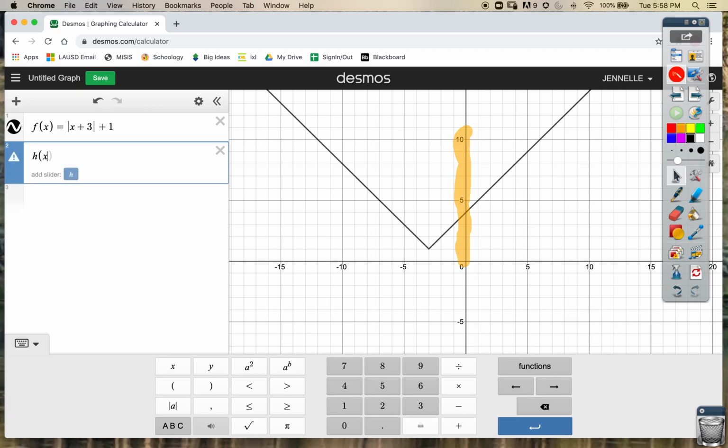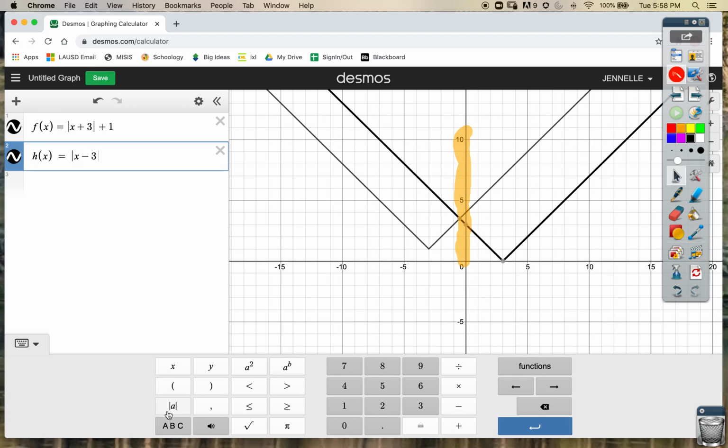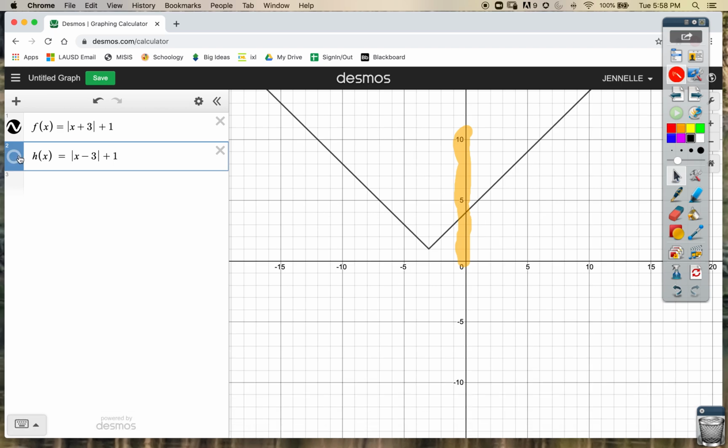So h of x equals absolute value of x minus 3, close absolute value marks, plus 1. I'm going to change the color so you guys can see this. Let's put it in red. Okay. There it is. So yes, it reflected over the y-axis.